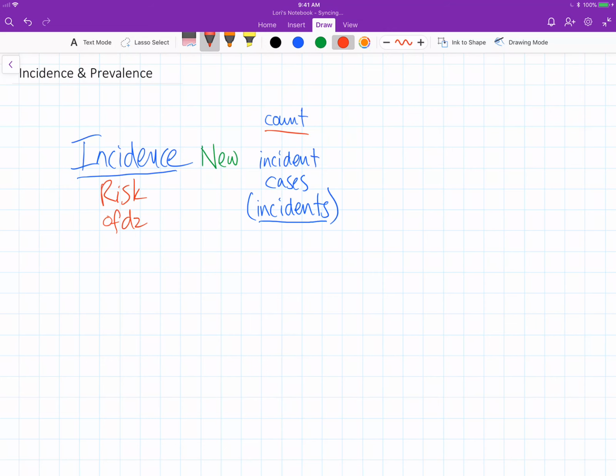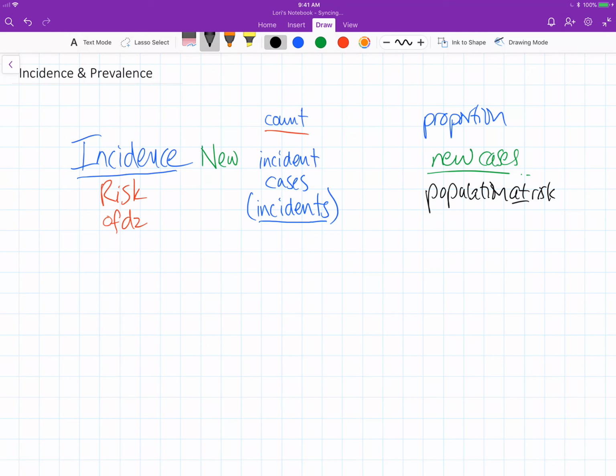And if we were to apply that instead of to a count to a proportion, we would have the number of new cases divided by, and I'm going to put this in black, the population at risk.